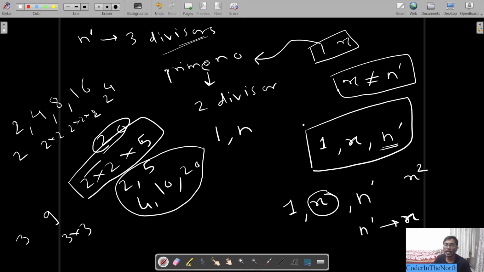Of course, x square. After that it can create x cube, then x raised to 4. So if it has only three divisors, then what are they? 1, x, and x square.